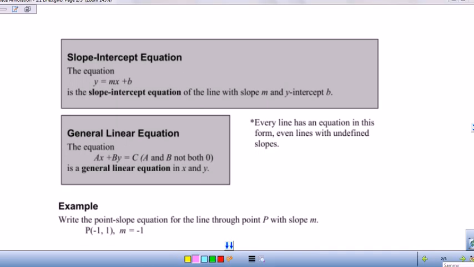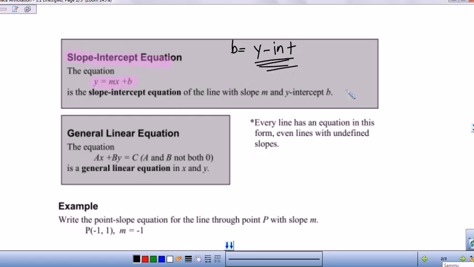Another form of an equation is the slope-intercept form here. So you have the slope-intercept form, and that's y is equal to mx plus b, where m is your slope again, and remember b this time is where the line crosses your y-axis, and so that's what we call the y-intercept. Alright, so if you're given the slope and y-intercept, use this form.